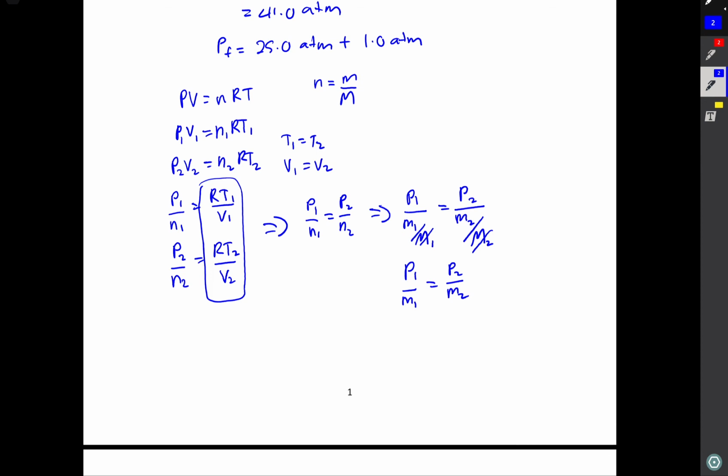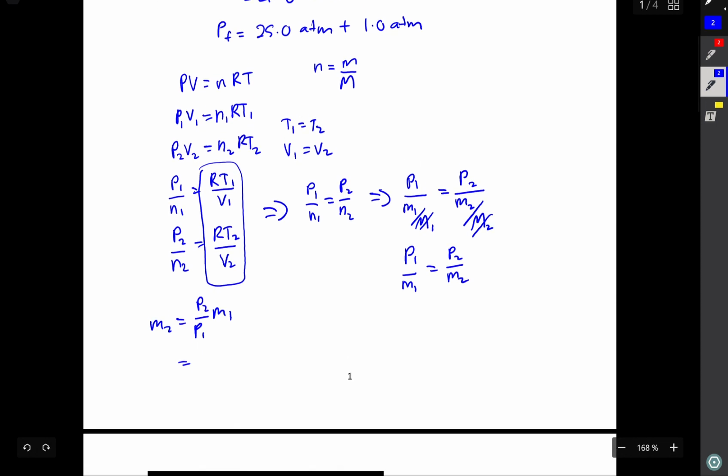We already have m1, the initial, and m2 we don't have, so m2 equals P2 over P1 times m1.